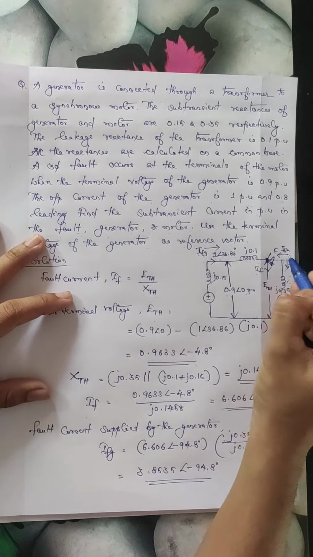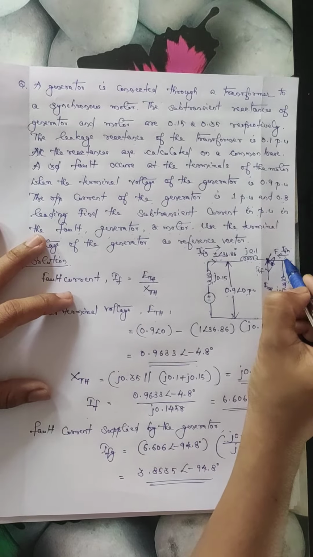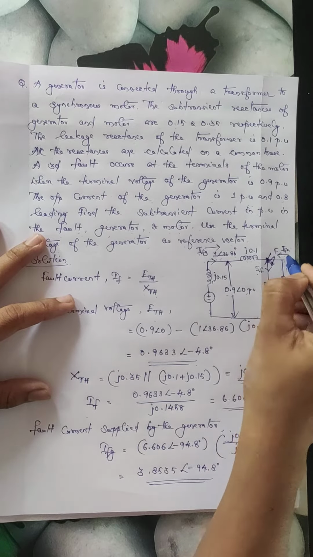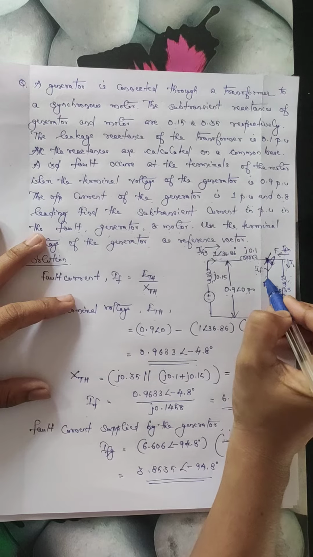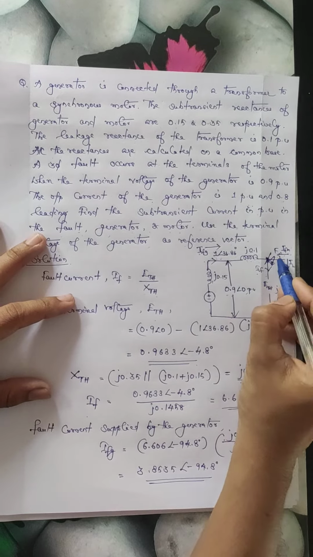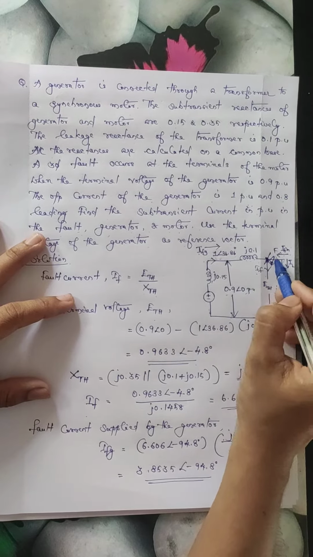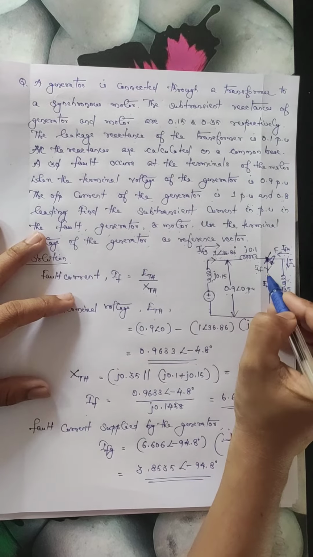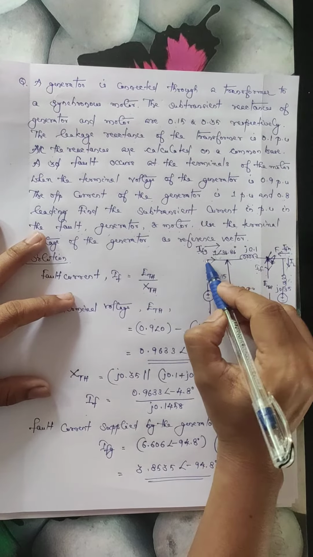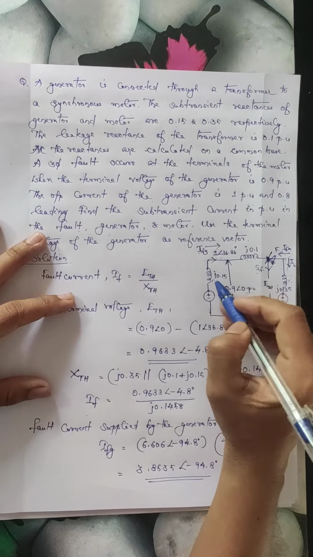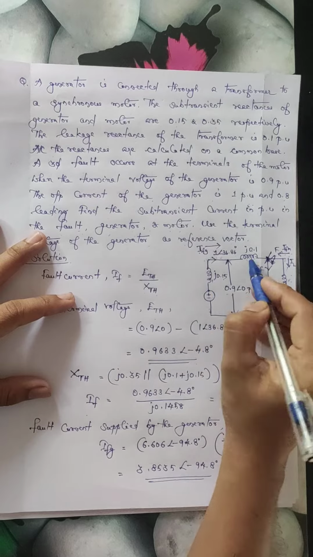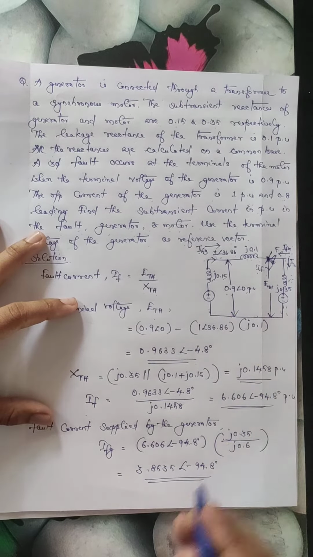So next we have to calculate the fault current supplied by the motor. So this can also be calculated using current division rule. So we have to calculate IFM, current flowing through this branch. That will be equal to total fault current into opposite branch reactance, that is j0.15 plus j0.1, divided by sum of reactances.